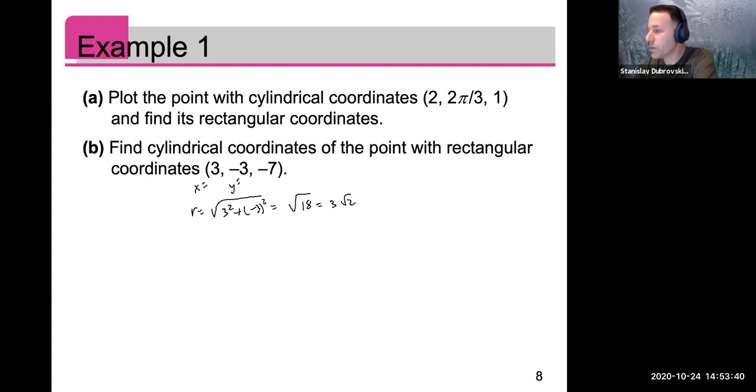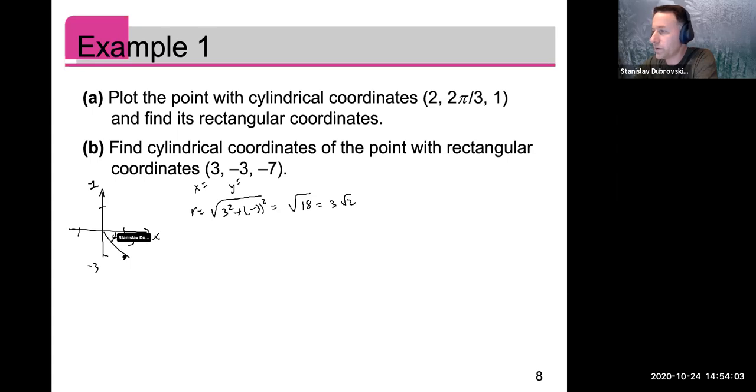Okay, so if that is your r, again, let's start with the xy picture. What is your theta? So the point itself is 3, negative 3. So if this is 3, y is negative 3, we're here. We're in the fourth quadrant. So that is the point, that is the angle.